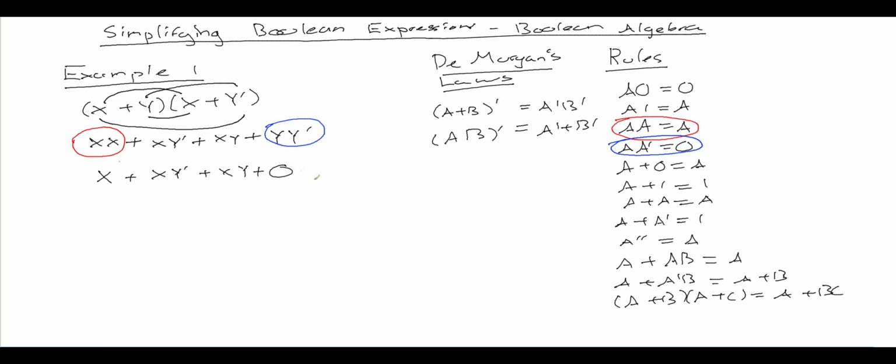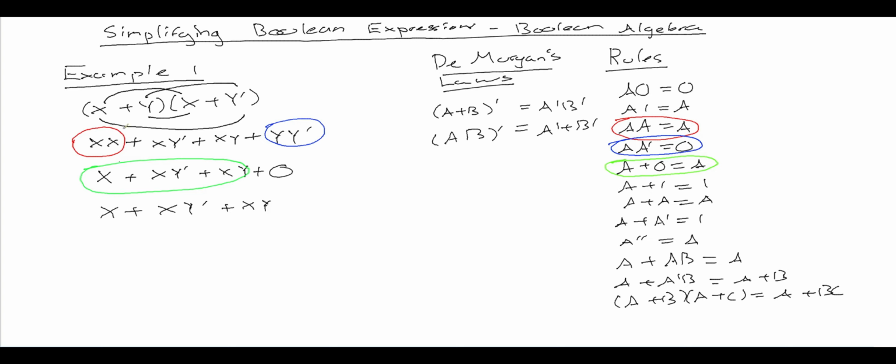Now what I can do is take a look at this whole thing here and see that it's ORed with a zero. And I can see that that's an occurrence of this rule here. And that's just saying anything ORed with 0 is that thing. So this thing here, ORed with 0 is just going to be that thing. Now what I can do is factor out again.